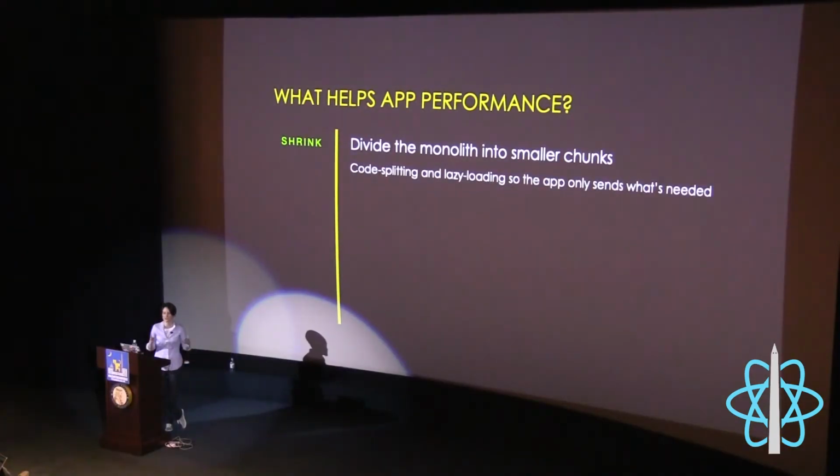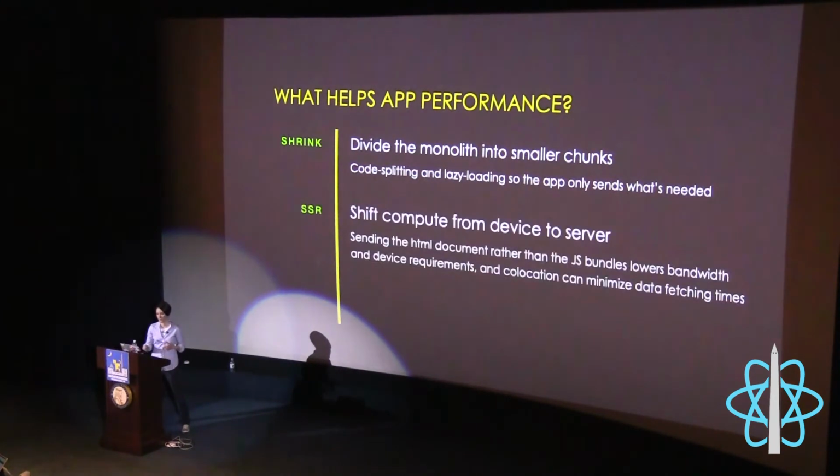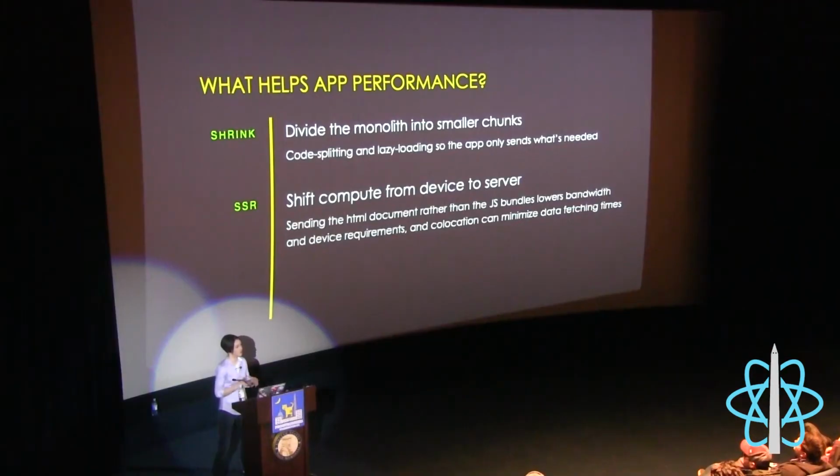Well, first of all, we can just shrink it, right? We have code splitting. So we can actually just make the problem smaller at any given point in time. We can also shift the problem. So we can take it from the device back to the server.